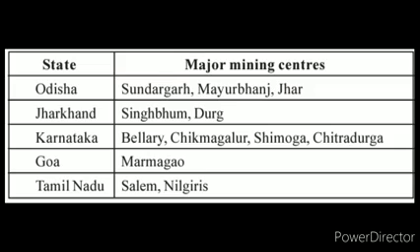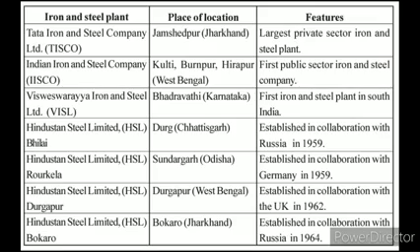And this is the table for you that gives the details of major mining centers in India and the states that the mining centers belong to. And another table gives the details of the iron and steel plants in India, the place of its location, and the features of the plant.